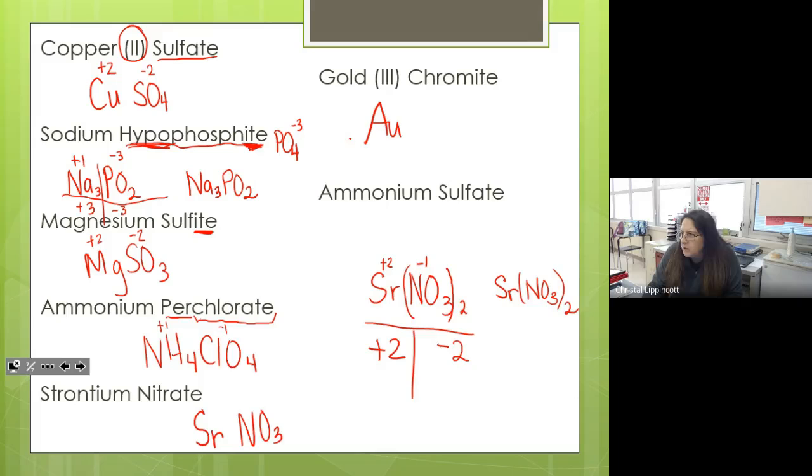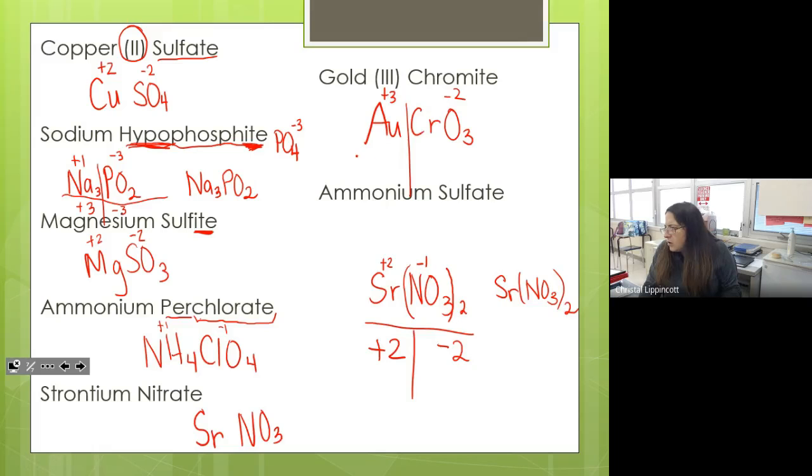Somebody steal your gold necklace, you go, Au, bring it back. Sorry, that was bad. This is a +3. And then chromate is Cr. Oh, I got to look that guy up. Chromate, CrO4, and he has a -2 charge.